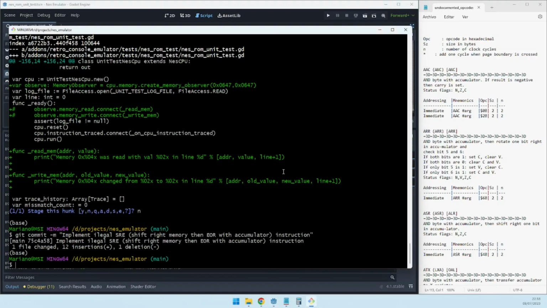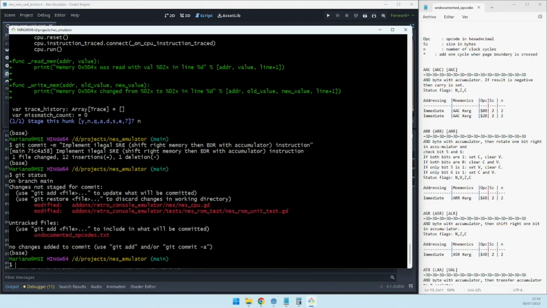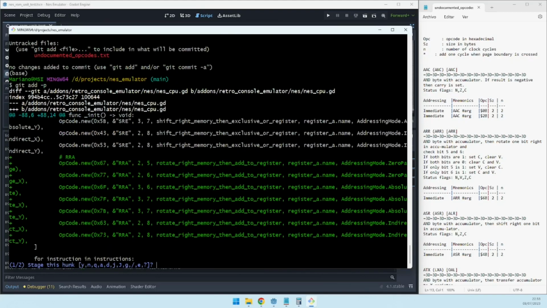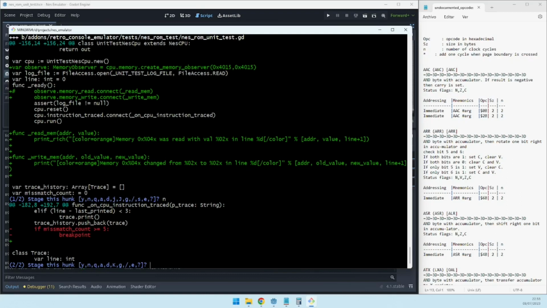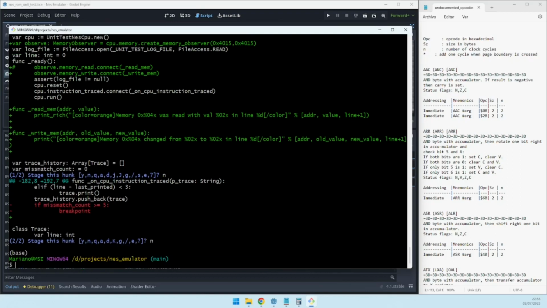I think we added this. Git add. What do we have changed? Oh, we did not commit RRA. So yes to this, yes to this, no to this. Do I want to add this? Probably not. Let's not add it.